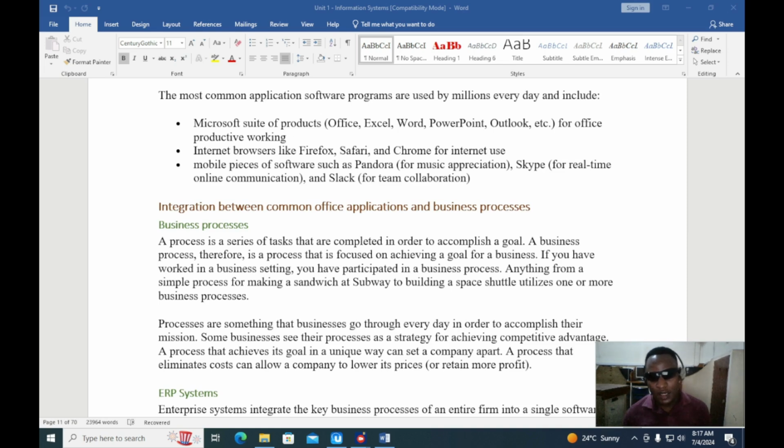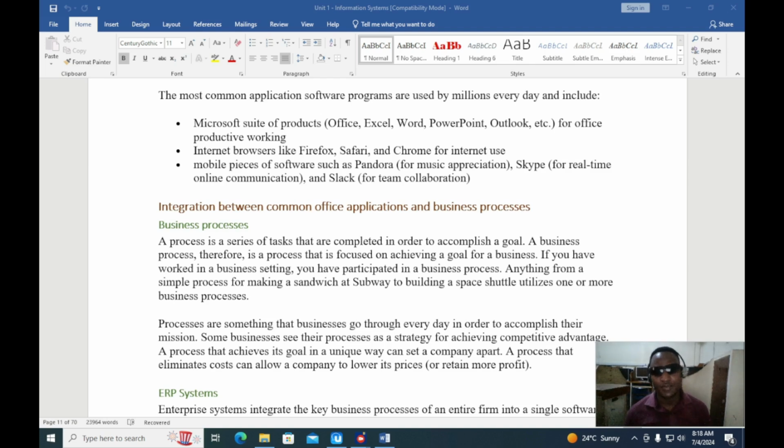So you are going to clean your sufuria. Maybe you light your gas, you put it on the gas, you pour your milk in there. So that step by step, a series of tasks or actions that are supposed to be completed for you to accomplish a goal, we call a process.